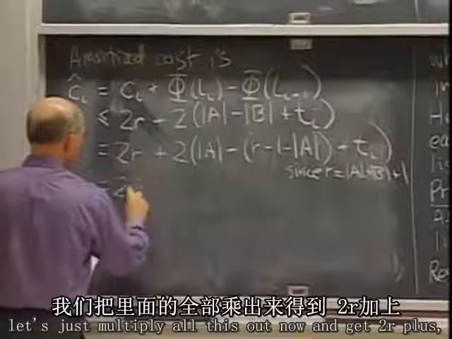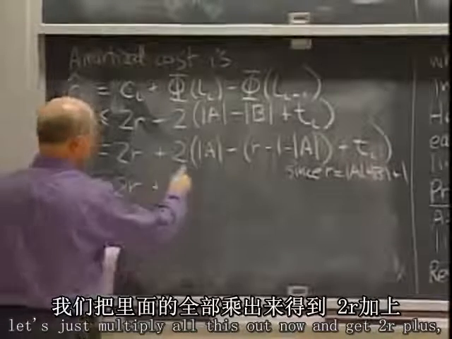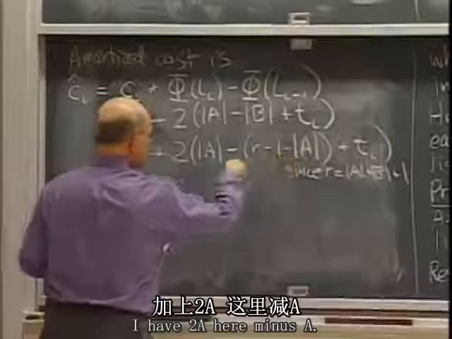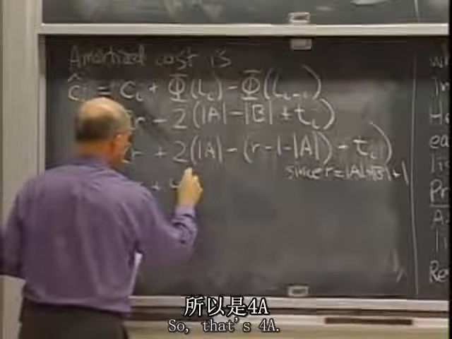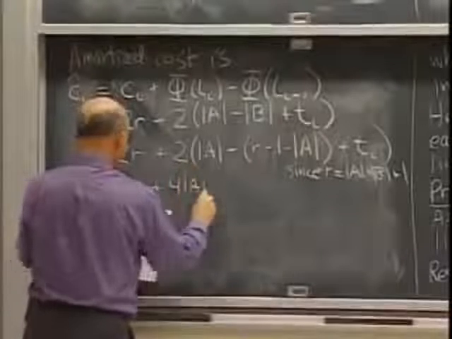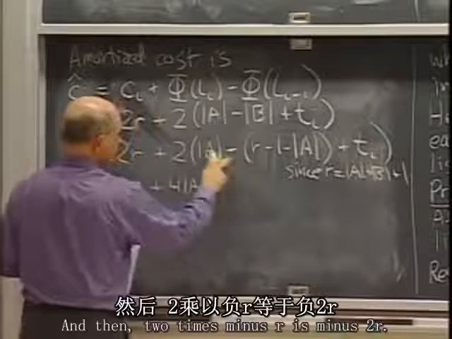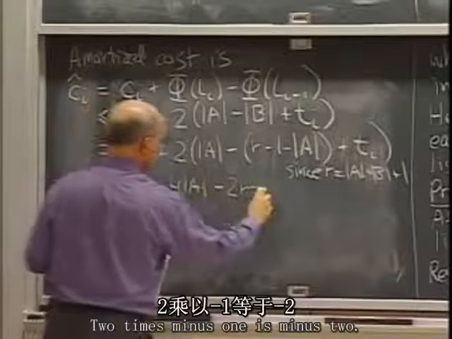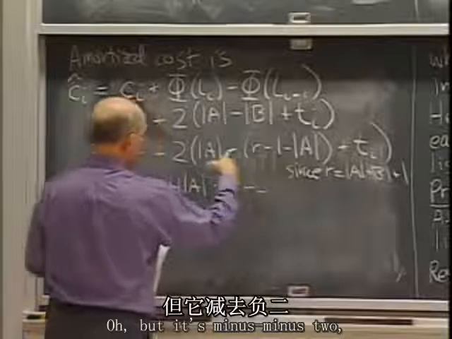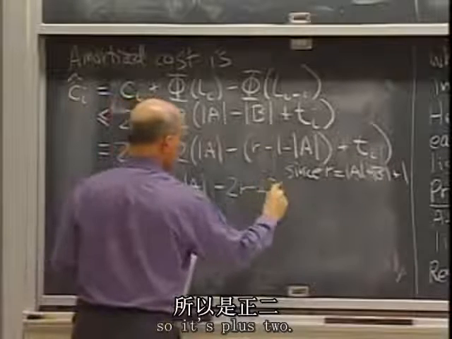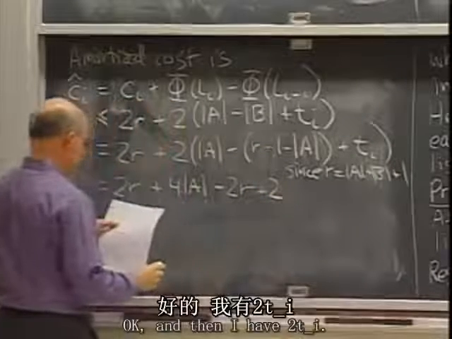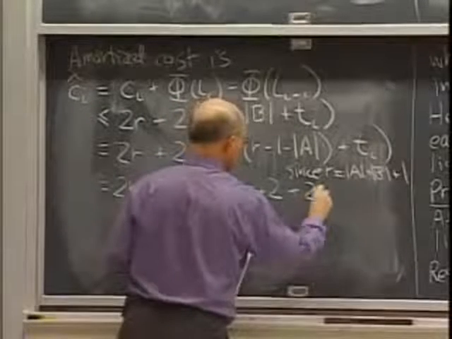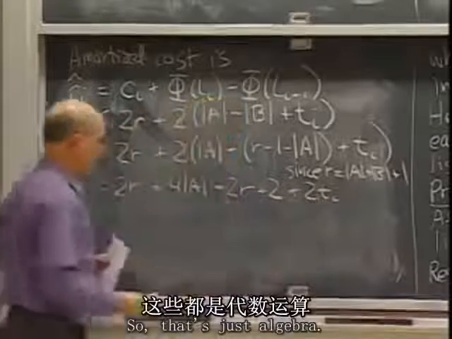We get 2r plus, I have 2a here minus a, so that's 4a. And then 2 times minus r is minus 2r. 2 times minus 1 is minus 2. Oh, but it's minus minus 2, so it's plus 2. And then I have 2ti.